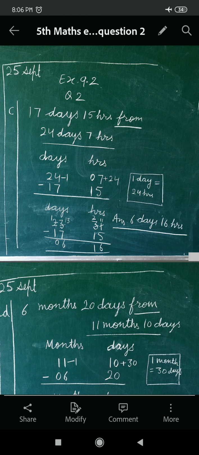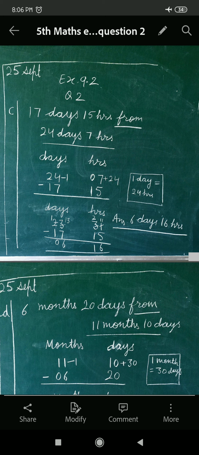It means we'll have to subtract from the last number, the second number, and we'll see the units, days and hours. First we'll write days under days and hours under hours. Arrangement you know very well how to arrange.